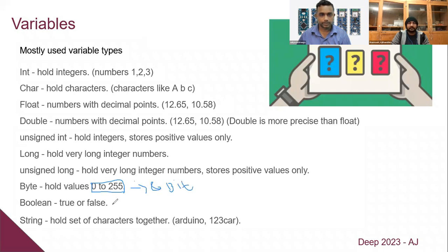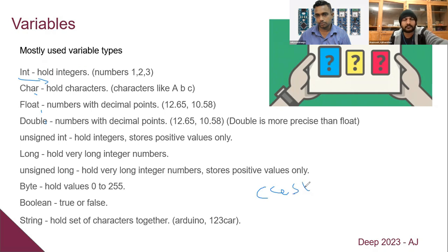A boolean is 1 bit, meaning true or false. String holds a set of characters chained together. This is a string. Also, you can convert these integers into characters, floats, doubles, and that is called casting. You can cast variables to another type, right? This is called casting.